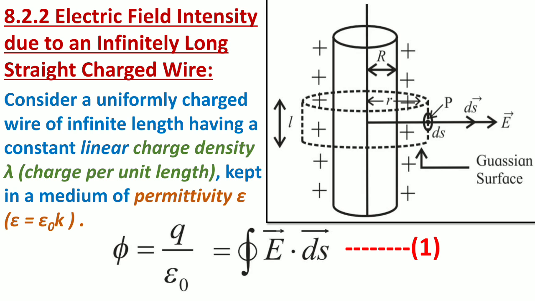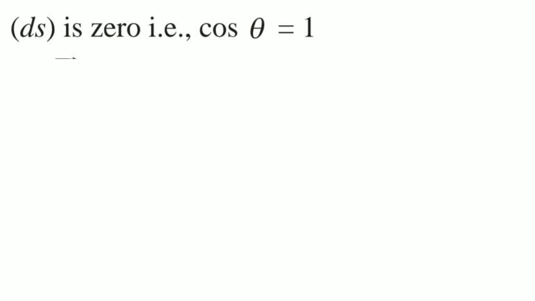Now, as we know that the angle between E and ds is 0, theta is 0, so cos 0 is equal to 1.